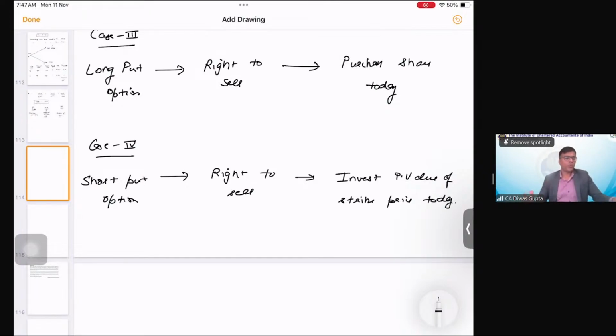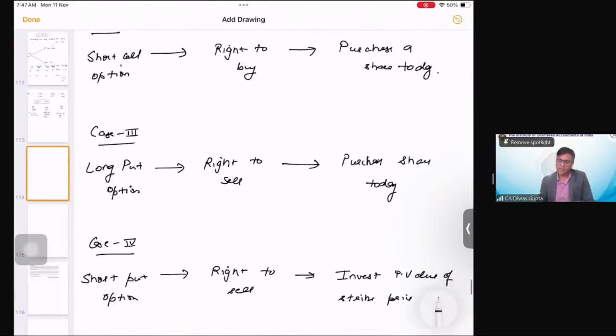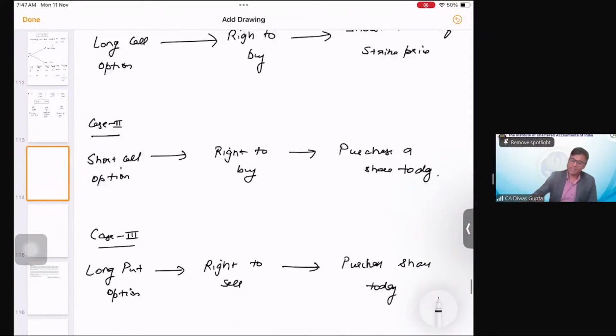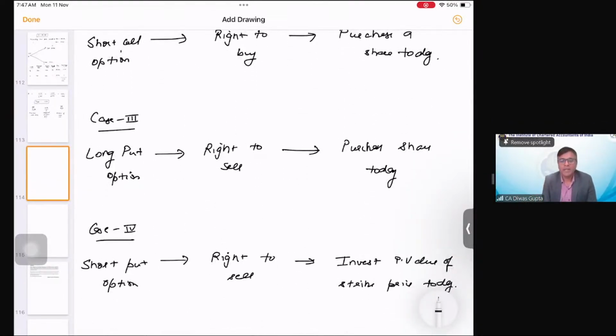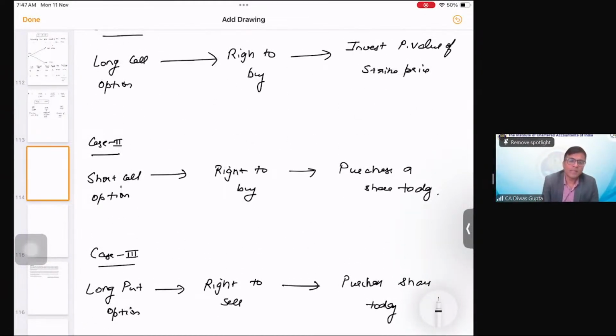I hope these four different situations are clear. Two of them I will be using in the Black-Scholes model, which we will discuss today, and two of them we will be using in the put-call parity theory. That also we will discuss maybe in today's session or in the next session, depending on the time. So why are these four cases important? Just to draw the parallels, how the situation moves with whichever position you are holding.